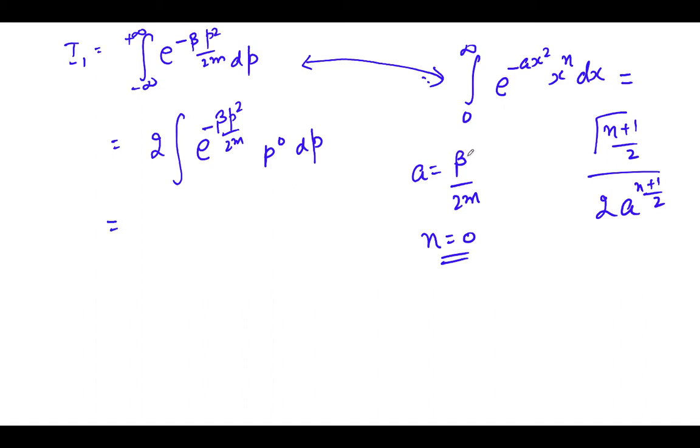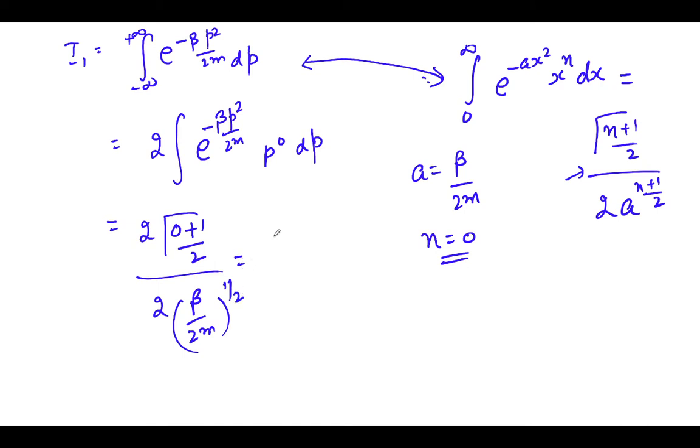Putting the values of a and n, the integration becomes gamma function of (1 plus 0) by 2 over 2, times a to the power 1 by 2, where a is beta over 2m. So gamma of 1 by 2, the 2 and 2 get cancelled, gives gamma of 1 by 2 times the square root of 2m over beta. Gamma of 1 by 2 is equal to the square root of pi, so the result is the square root of pi into 2m over beta.